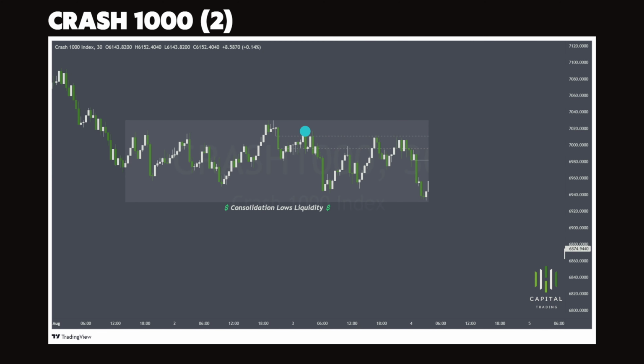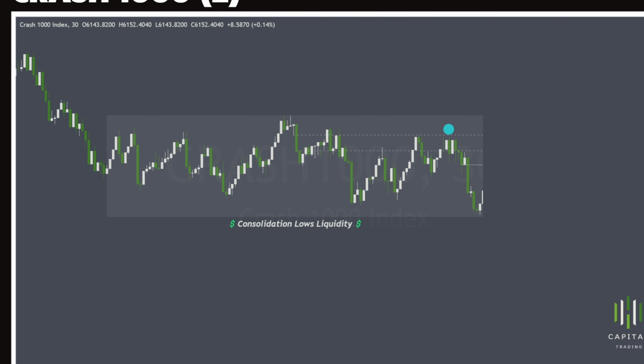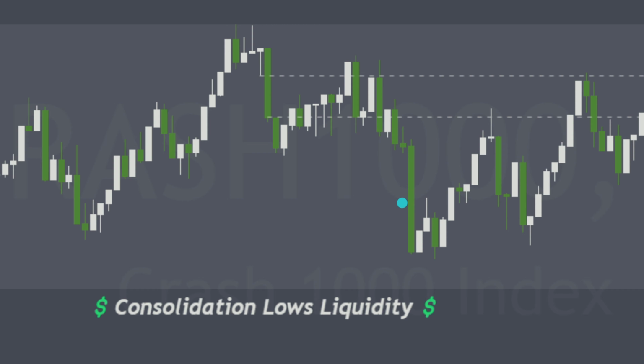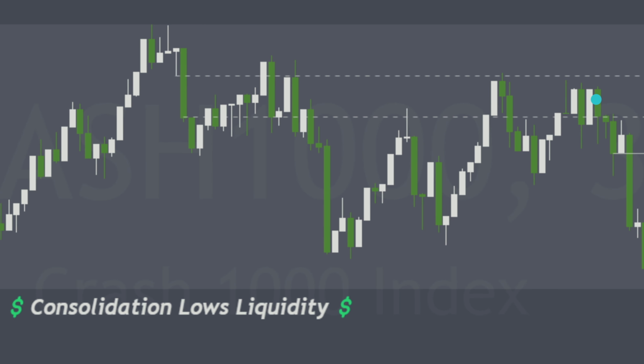Another example. We had them dropping, but we got stuck in this range. We had this high here, this low down here. In that range, we also had this fair value gap where price tested it many times, its low and its high. Then we had them testing it for the last time and dropping from the range low.